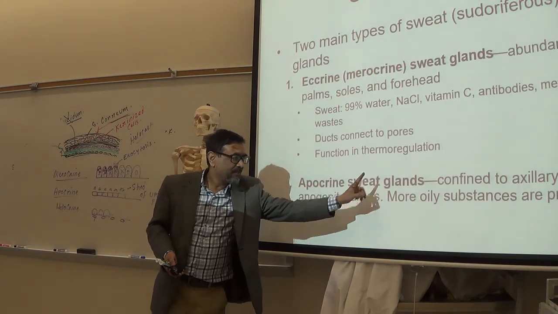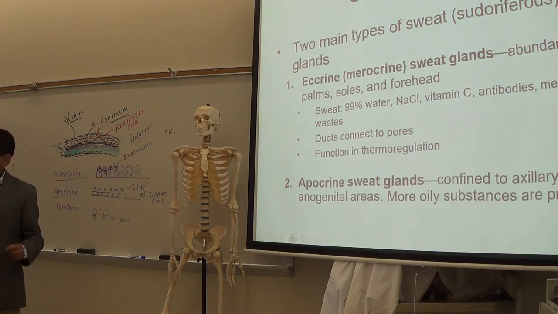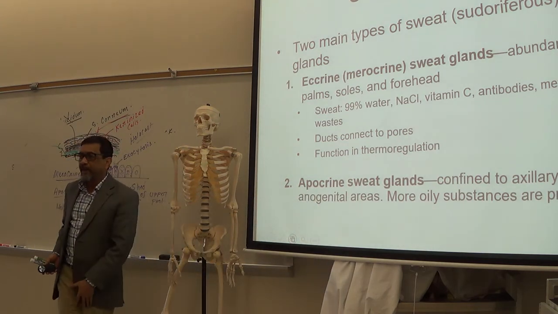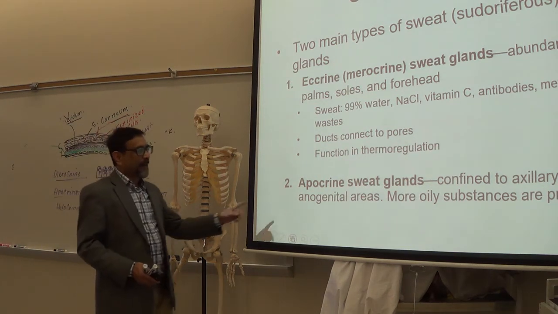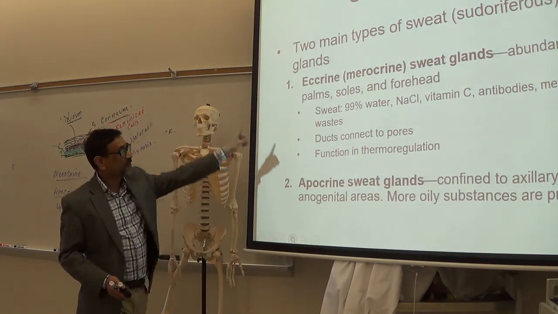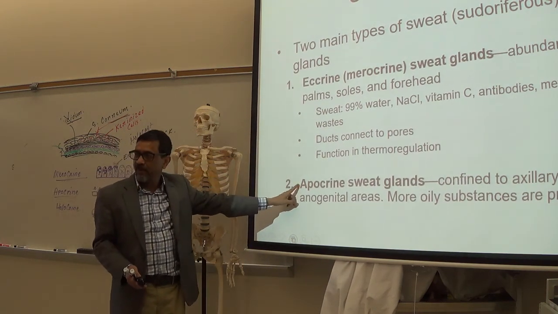Apocrine sweat glands are located in particular areas: the axillary area, armpit, and the anogenital area, the perineal area. Those areas are mostly confined, and the chance of microorganisms growing there is more. The secretion is oily, not watery. Eccrine is watery secretion, and this one is oily secretion.